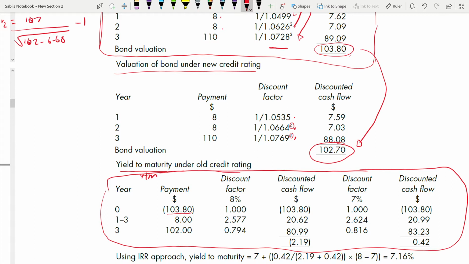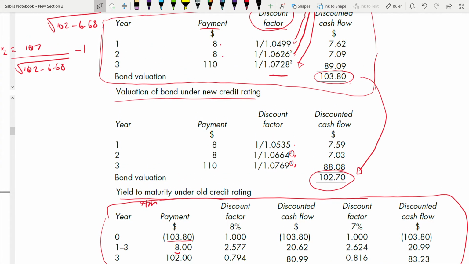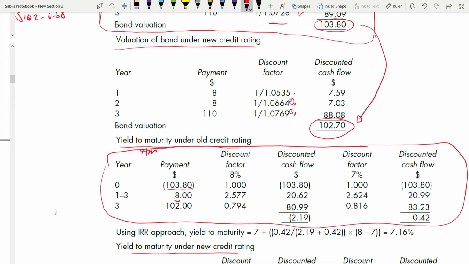Yield to maturity is very similar to cost of capital. For years 1 to 3, it will be your coupon only, 8. In the third year, it will be 102. Why is it 102? It is 110 minus 8, because the coupon is already included for the first 3 years in 1 to 3.